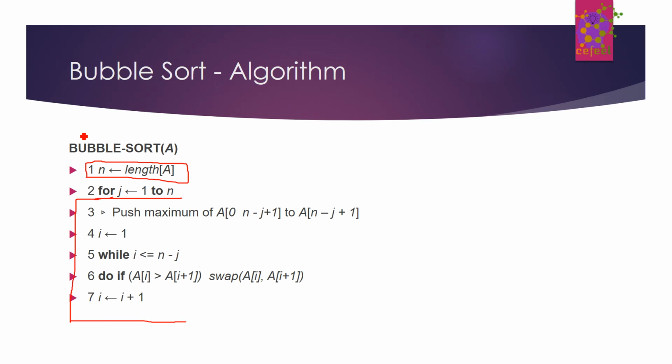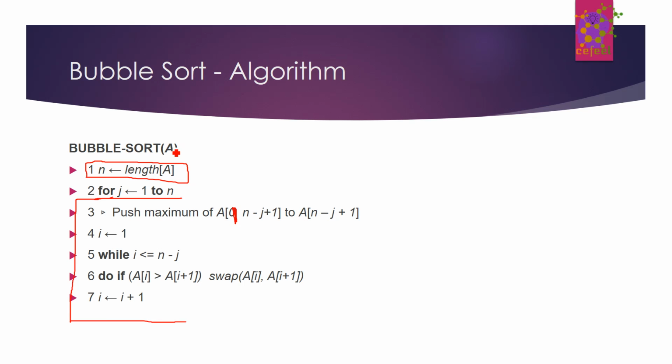And what does this for loop do? In step 3, as explained, we push the maximum element from a1 to a(n-j+1), which means if j is 1, we push the maximum element from the first element to the n-th element. Actually this should be a1, it shouldn't be a0, since we are assuming that our array starts from 1.